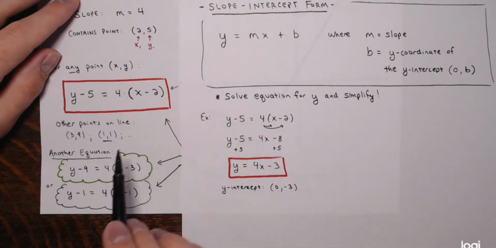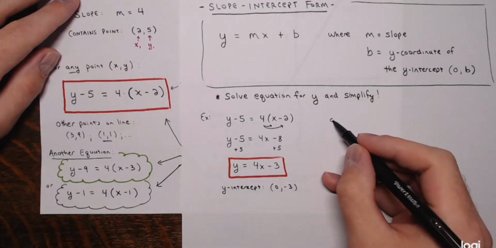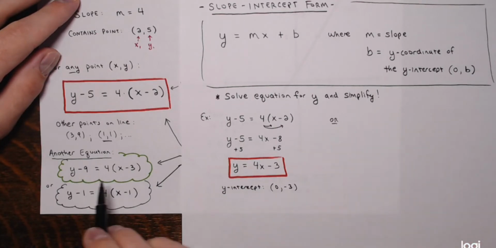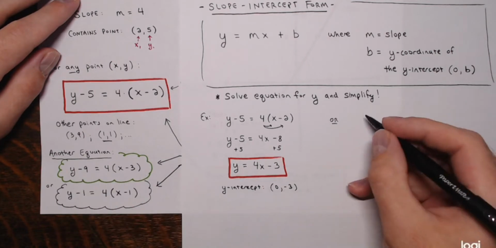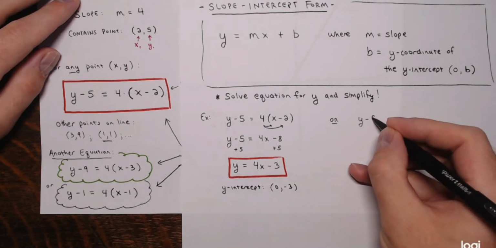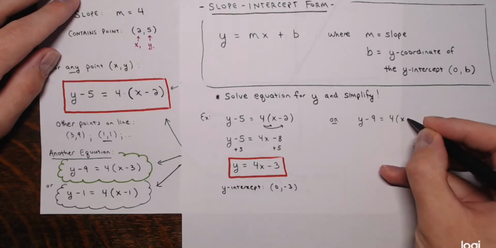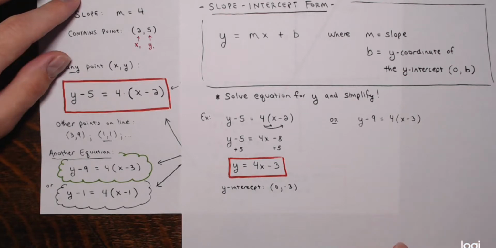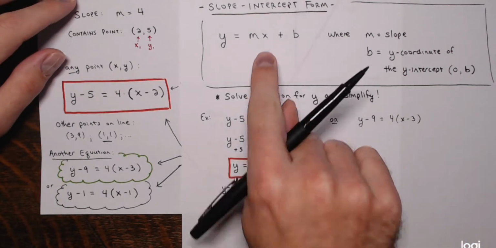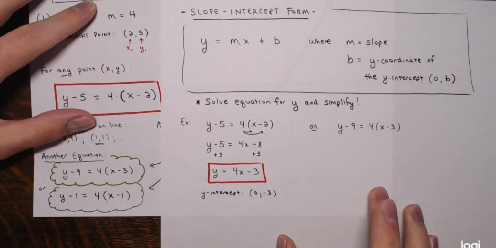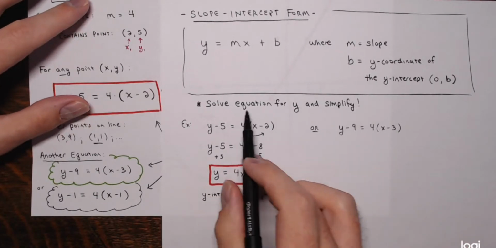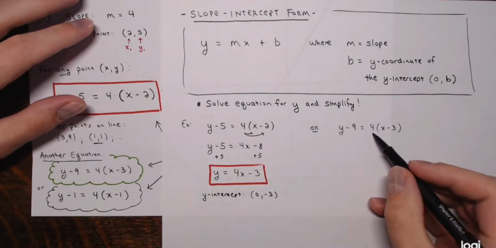And I'll show you. Let's take this second equation that we got for the same line in point-slope form: y minus 9 equals 4 times the quantity x minus 3, and do the same thing. Let's put it in slope-intercept form where I solve for y and simplify. First I'll do the distributive property.